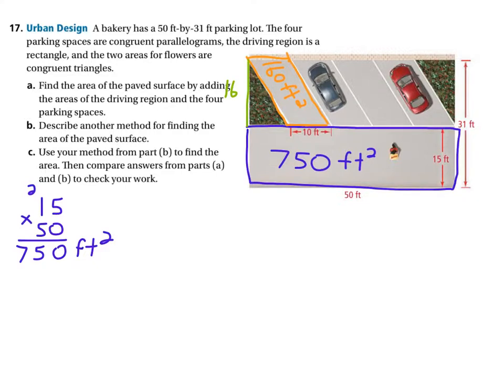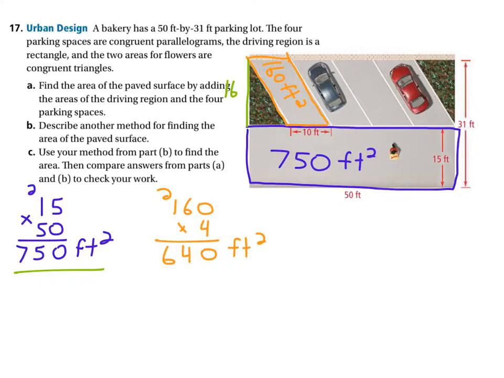Well, they want to know what's the area of the paved surfaces, and they say add the driving region, which we know over here to be 750, and what's the area of all 4 spaces? Well, we found each one space is 160 feet, so I'm just going to do 160 times 4, and I get 640 feet squared.